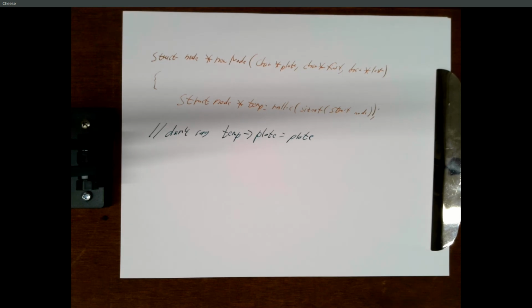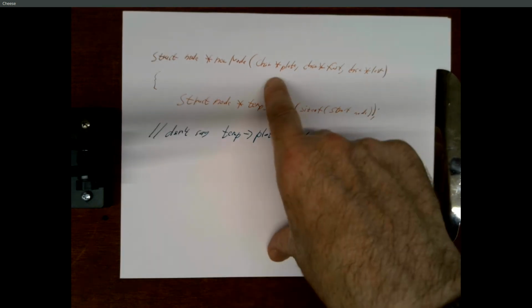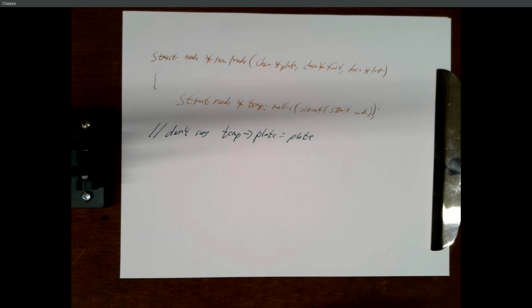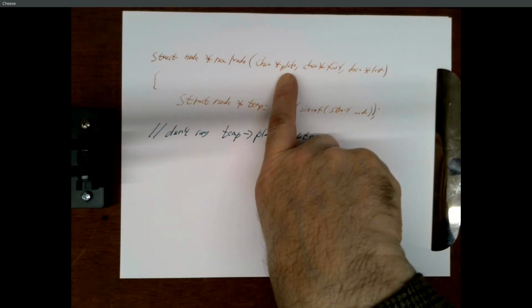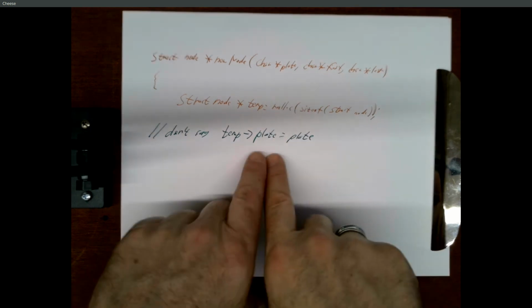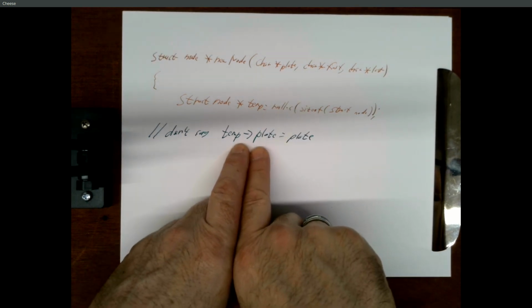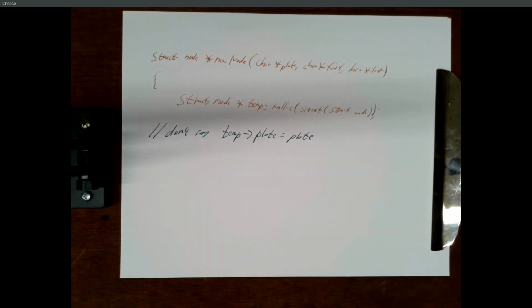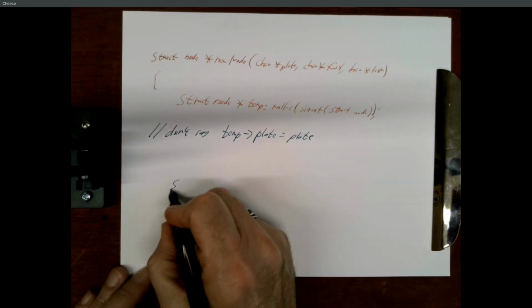It's a local variable, right? It is pointing to the characters making up a license plate we want to store, but the next time I call new node, the place that this is pointing might be something different, right? It's a local variable, so this is going to temporarily put a good license plate into there. Once my function exits, it goes kablooey. So we need to use string copy.